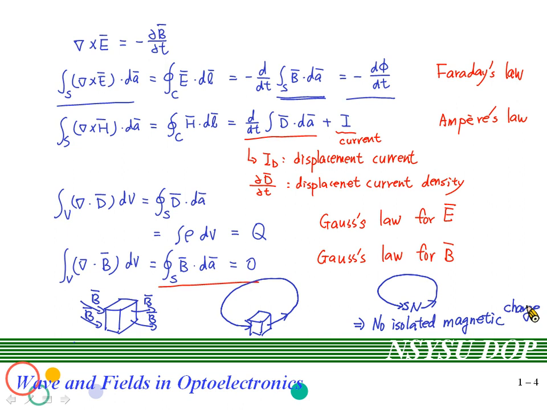You cannot separate N from S. These two are always at the same point, and this makes the magnetic line start from one point and end at the same point. As a result, the total magnetic field outside the volume will equal the total magnetic field into the volume. And the above four equations are the so-called Maxwell's equations in integral form.